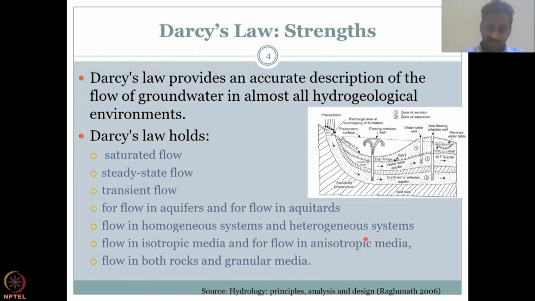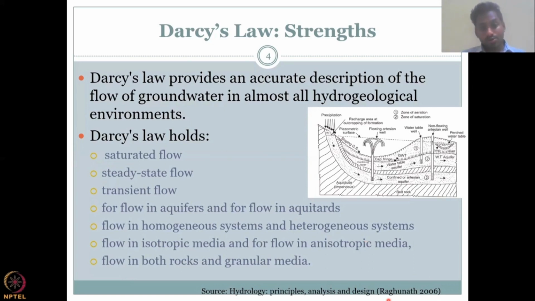In such a system, you can still hold Darcy's law good, because all you have to do is dissect the equation Q is equal to minus K del H into three equations, because you have Kx, Ky, and Kz. We have seen this in the matrix kind of solution for Darcy's law.